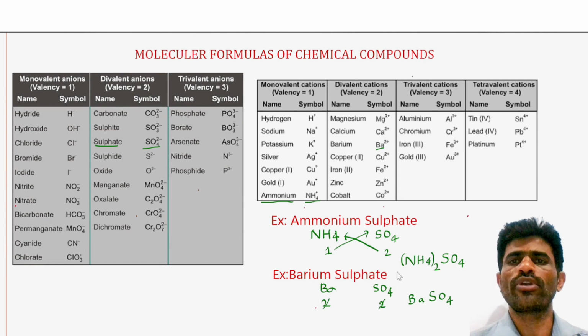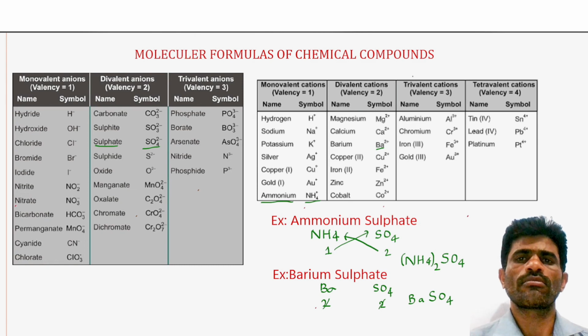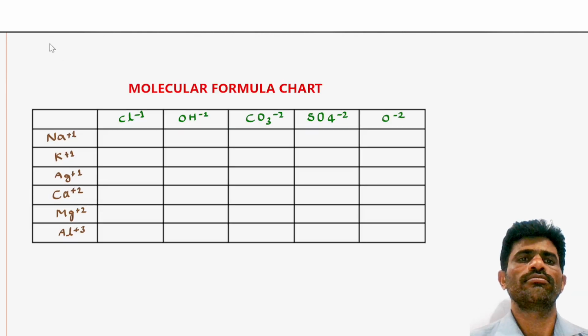Let us see some more examples like this through a table, like a chart. Here in this chart, we have some cations and some anions.